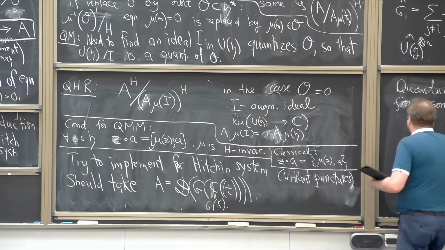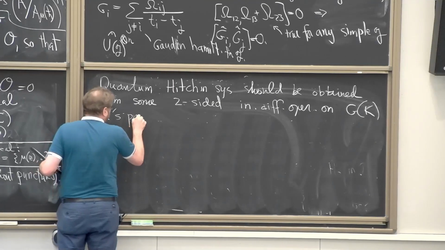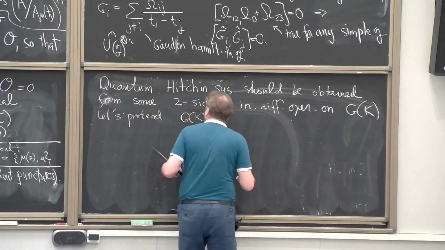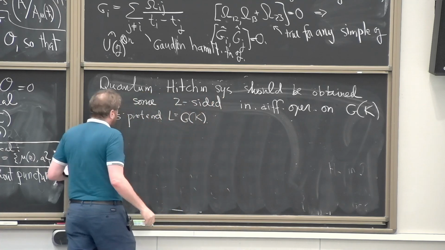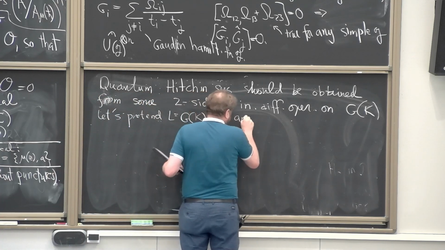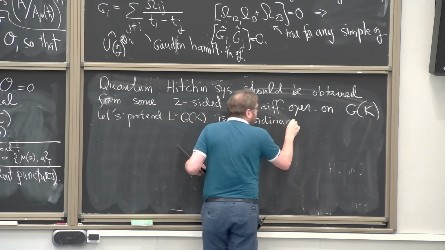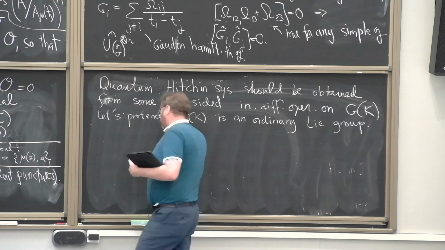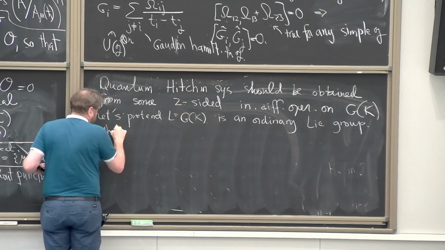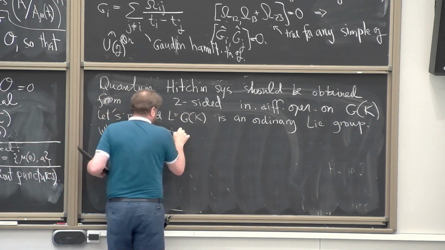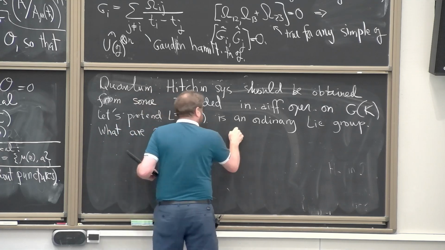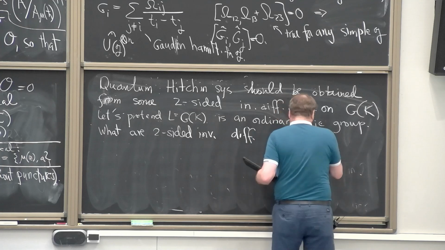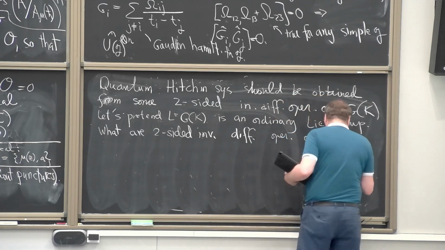But let's pretend that G of K, let me call it L, because it's a loop group, is an ordinary Lie group. Then what are two-sided invariant differential operators on L?